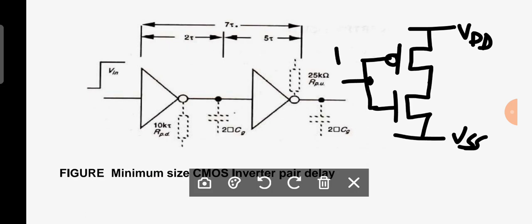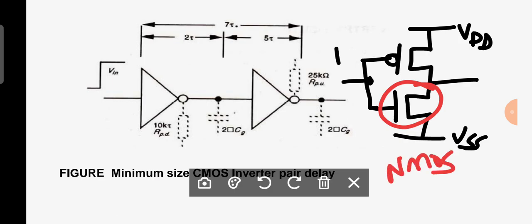Now you are having an input 1 here, and this is the output. You know very well that if the input is 1, then this is the pull down transistor. What is the pull down transistor? NMOS will be the pull down transistor. The output is 0.